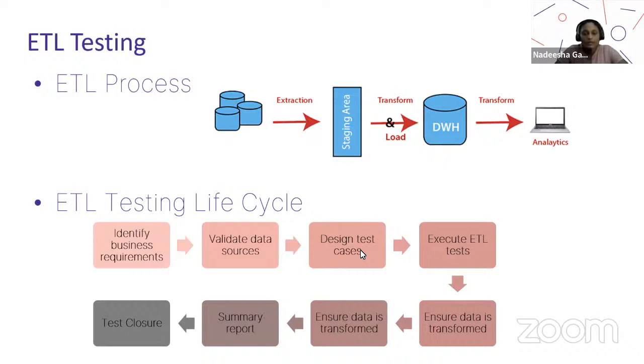For example, how we validate the required data or data sources, or validate source to target mapping. The target is the data warehouse where we store our data. How the test design and execution will happen. Also, we need to verify data quality and performance, as well as validation of the data model.